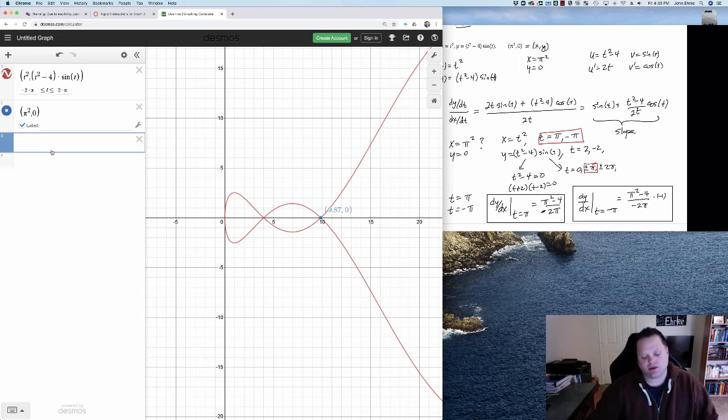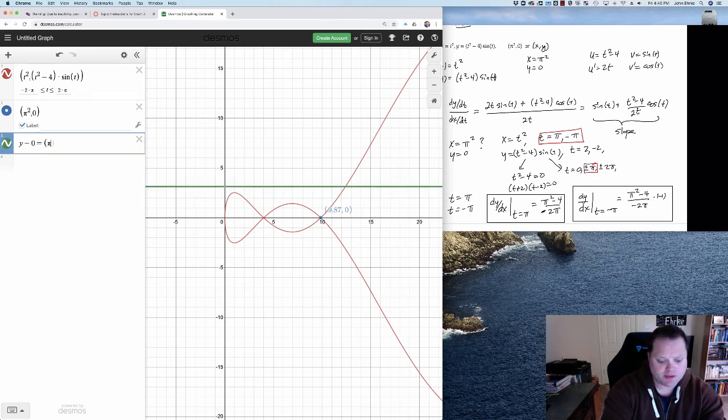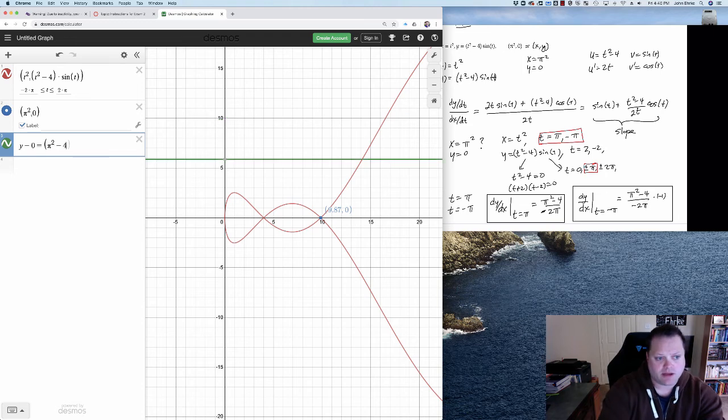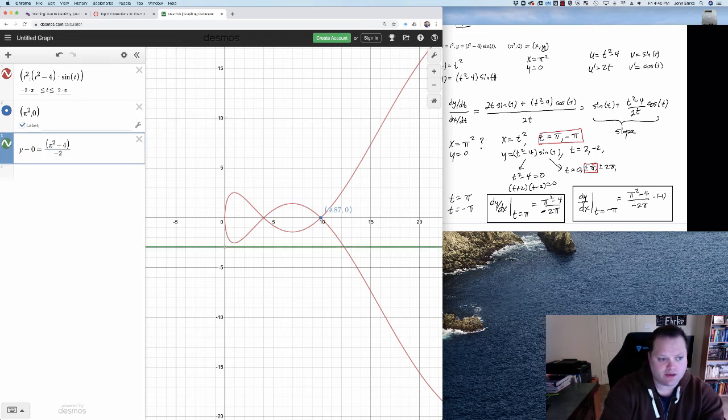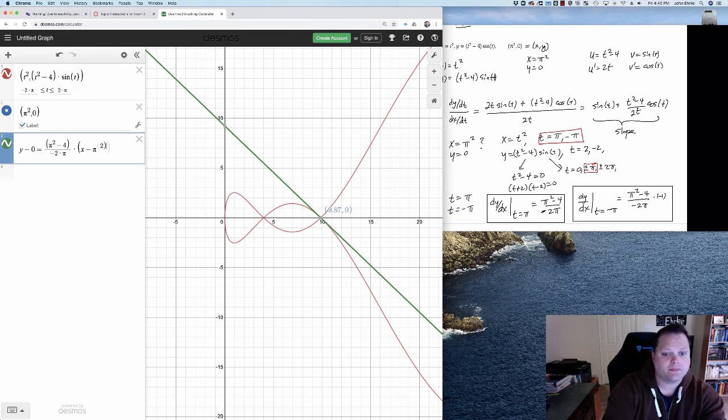So let's just put in the tangent lines. They would be y minus, the y value here is 0, equals the first slope, pi squared minus 4 divided by -2 pi, times x minus pi squared.